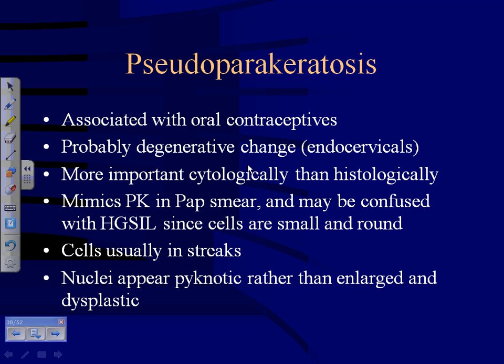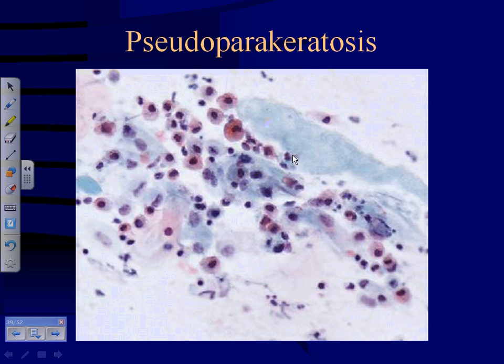It's important to understand this so that you don't mistake them for PKs, because they do resemble parakeratotic cells, and in some cases can resemble significant lesions like high-grade SILs or high-grade dysplasias, since the cells tend to be small and round with higher NC ratios. The cells usually occur in streaks of mucin on conventional smears, and the nuclei appear very pyknotic, dark, rather than enlarged and abnormal. And here's an example of one.